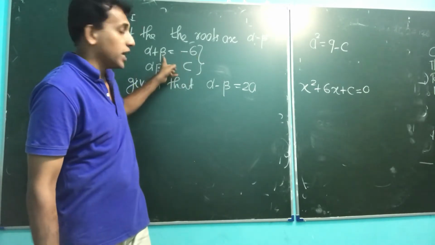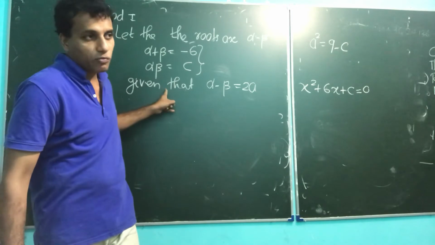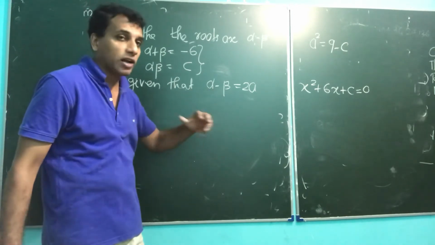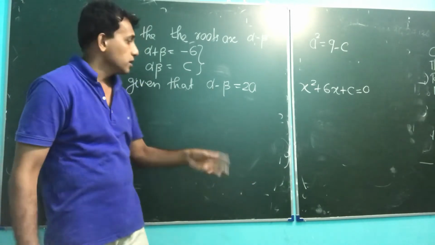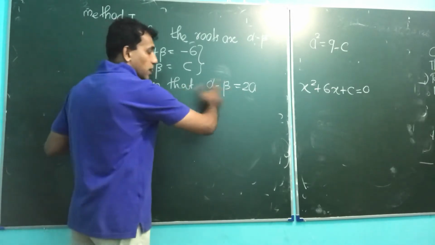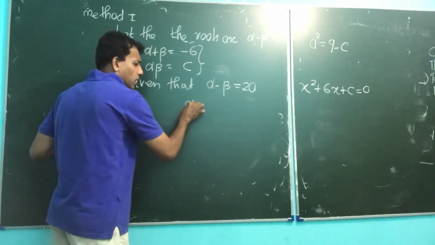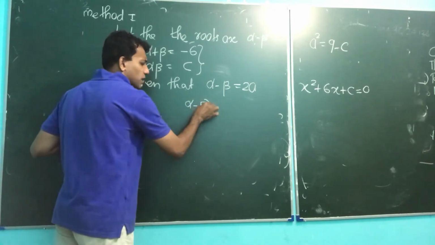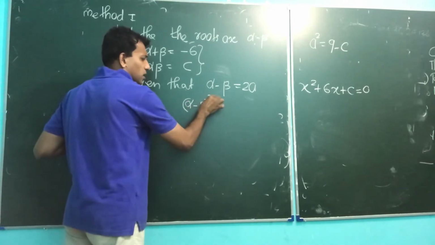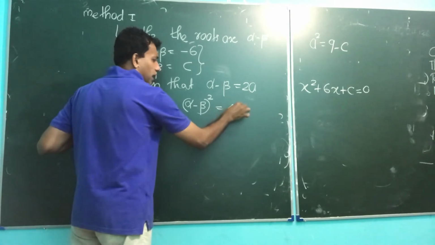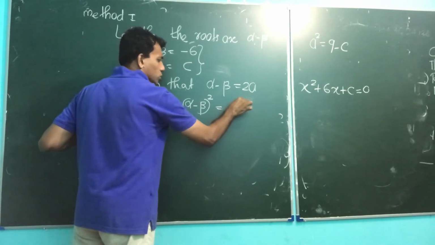You have the summation and the product of the roots, but not alpha minus beta. Therefore the idea here is to square both sides: alpha minus beta squared, and on the other side 4a squared.